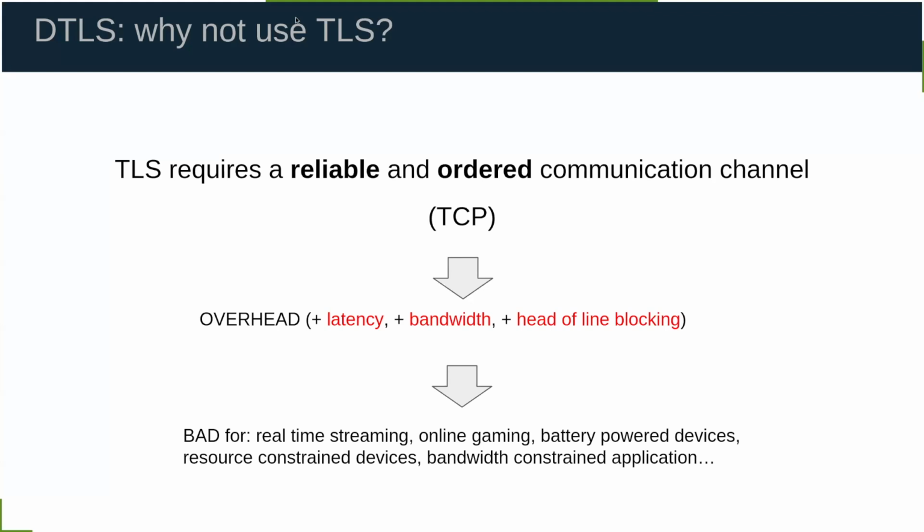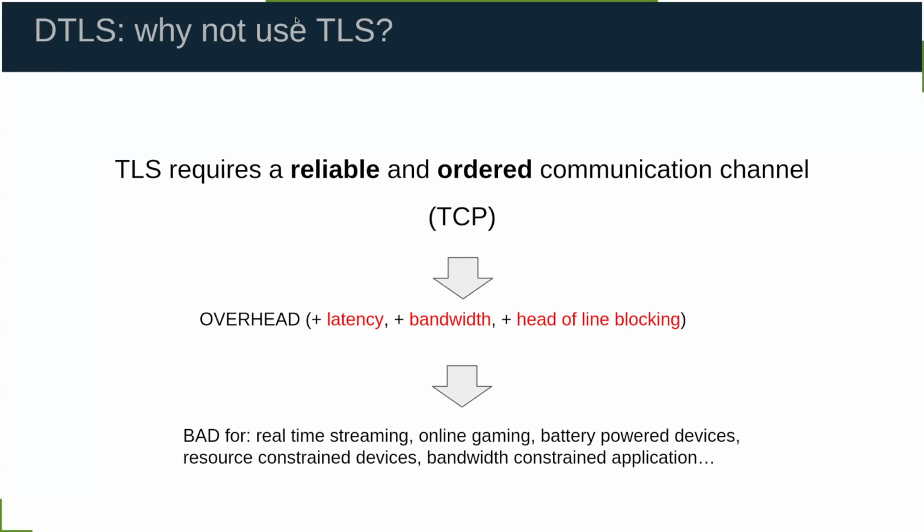Unfortunately, this very nice property of being reliable and ordered comes with a price, and this price is some overhead in latency, in bandwidth, and in other problems that can cause very big delays. There are some use cases that cannot afford this overhead, like real-time streaming, virtual private network applications, online gaming, or devices that are very constrained, maybe in battery power or in their resources.